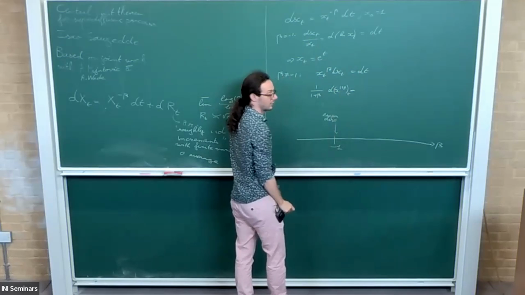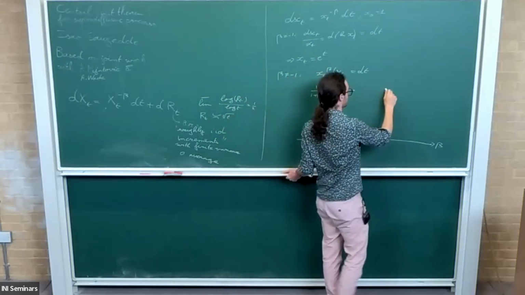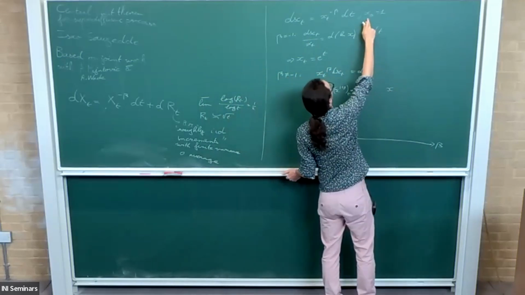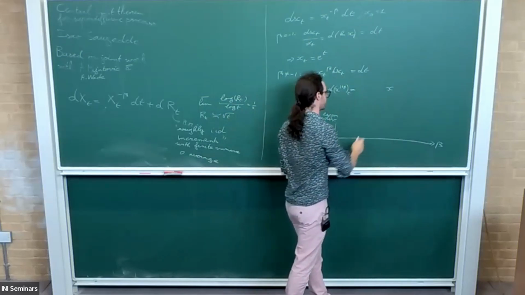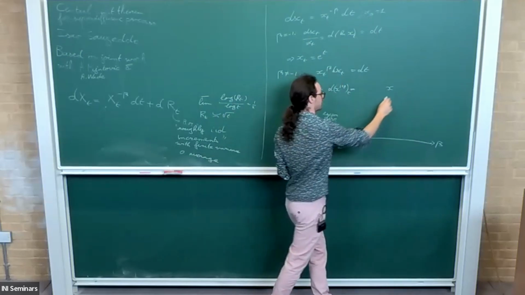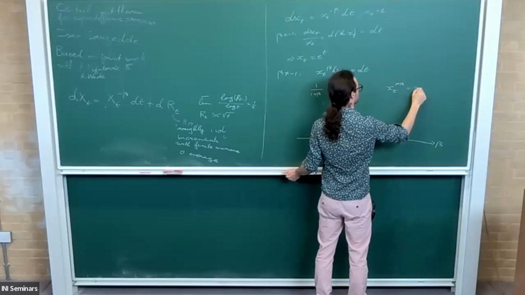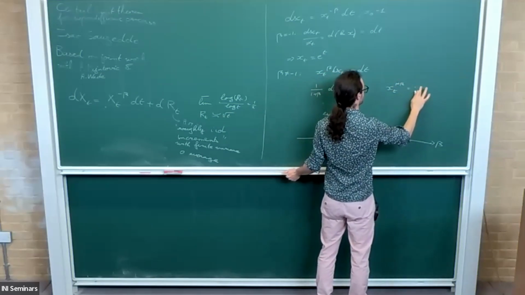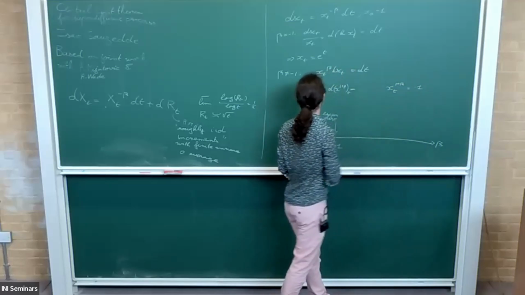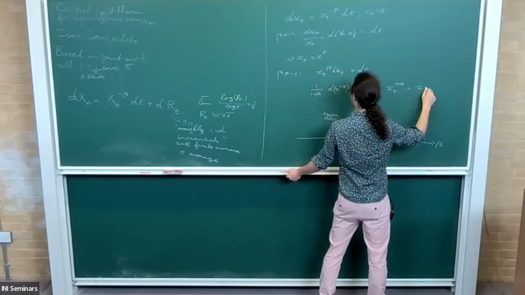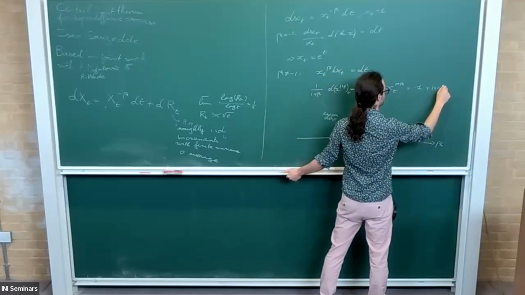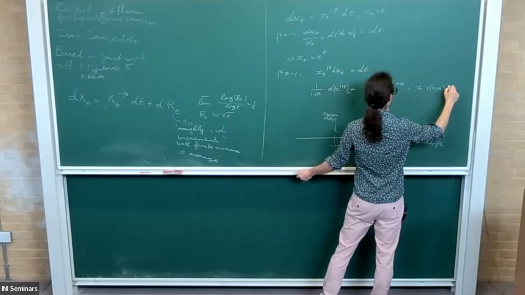And so with the same condition that X0 is 1, you get Xt to the 1 plus beta is equal to X0, which is 1, to the power 1 plus beta, plus 1 plus beta, times t.